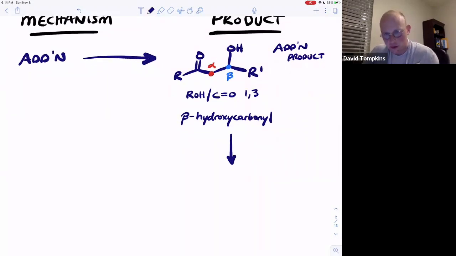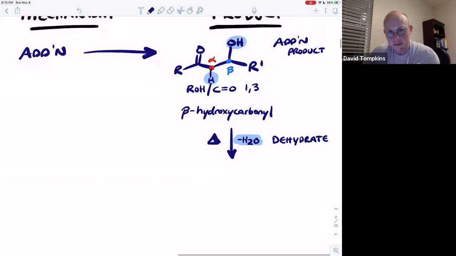But under certain scenarios, when the reaction is heated, and if there is another alpha proton that's acidic, then we can go on to lose water. Or we can lose H from the alpha carbon, OH from the beta carbon, and this can go through a dehydration after the aldol addition. That dehydration gives the following functional group: an alkene.